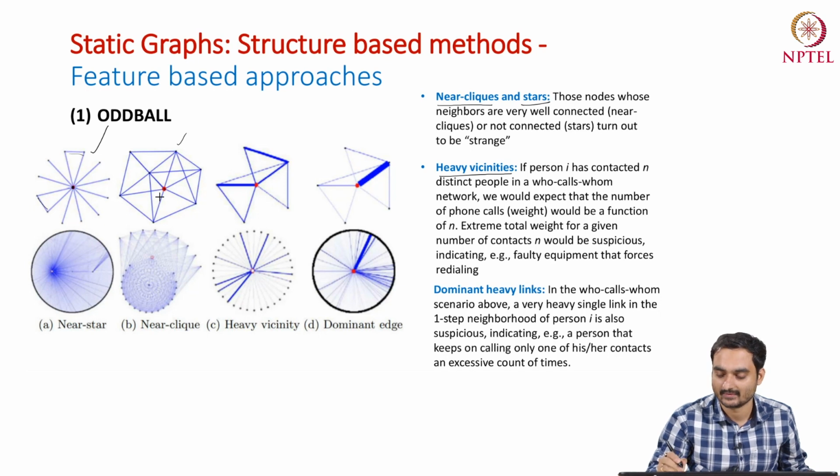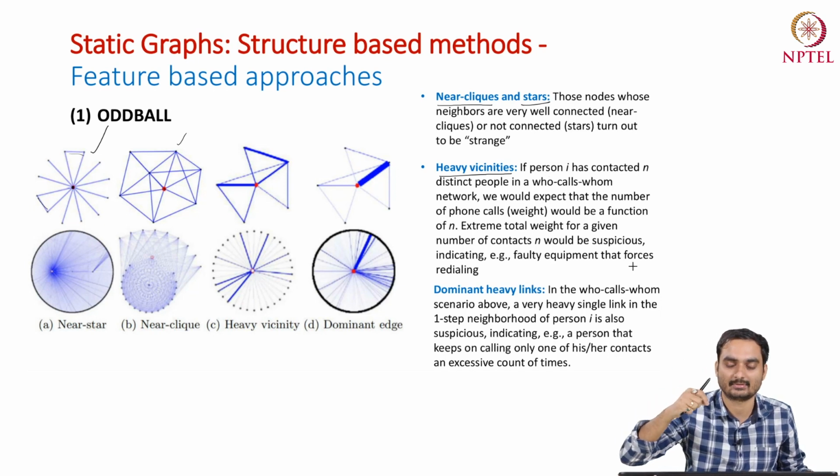The third entity is called heavy vicinity. Now, what is heavy vicinity? They defined heavy vicinity with respect to an example, and I am quoting this from their paper. Let us think of a who-calls-whom network.